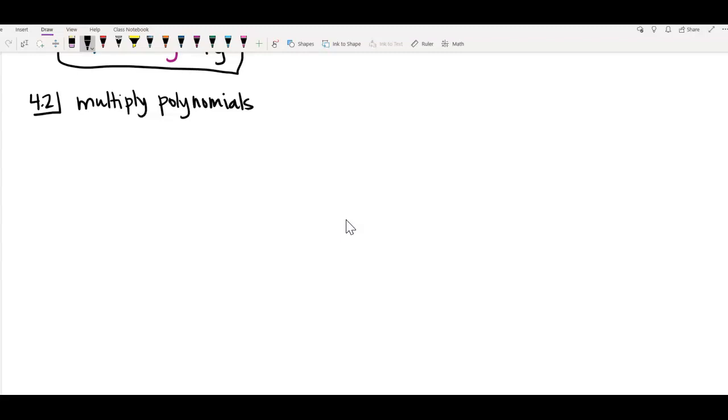Because when you're adding and subtracting polynomials, you have to have like terms, which means you've got the same variables and the same exponent on those variables. But when you're multiplying polynomials, you don't need the same thing. They don't have to be like terms.